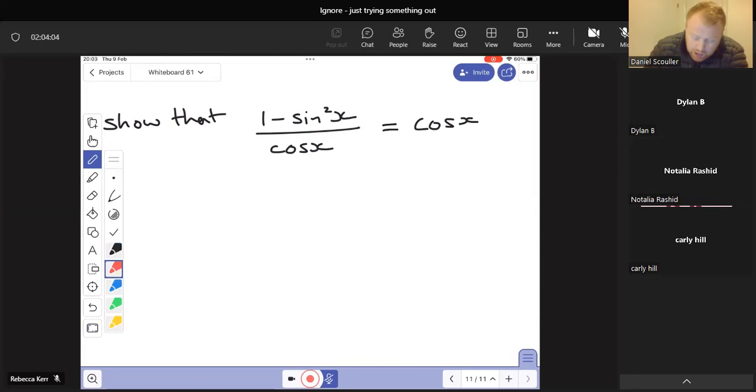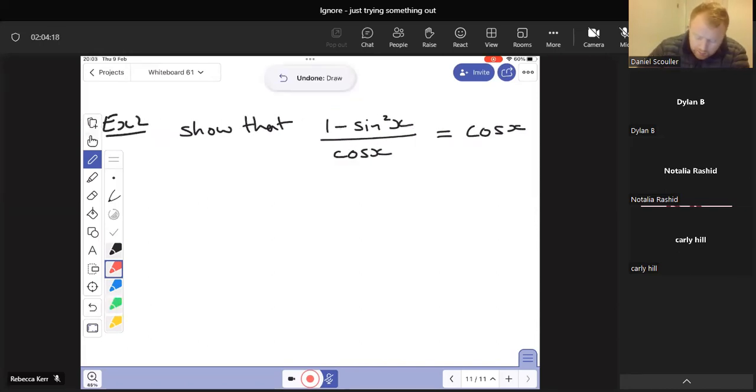Well, we've got a relationship where sine squared x can be rearranged to have sine squared x in it. So let's have a look at that relationship. The relationship itself is sine squared x plus cos squared x is equal to 1.